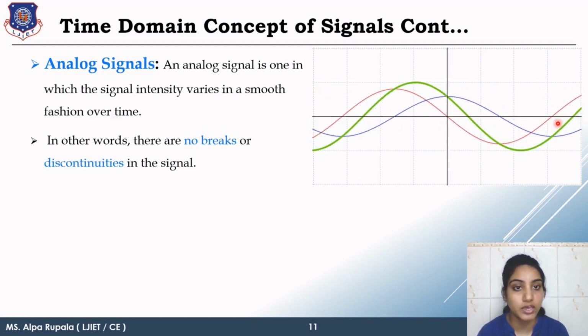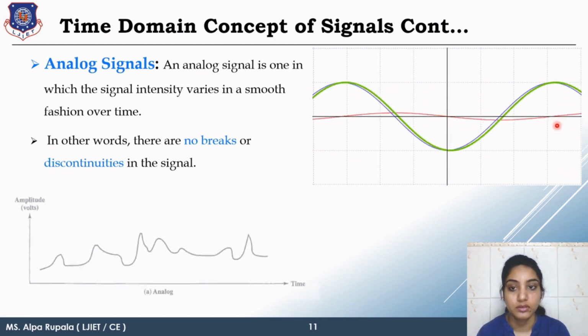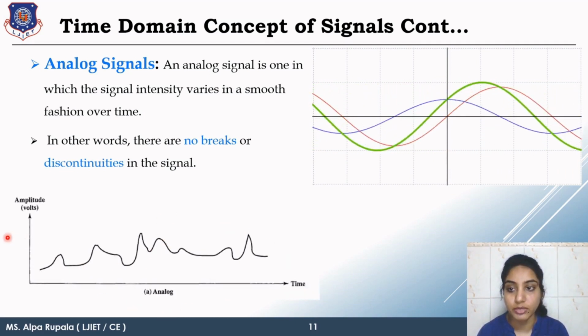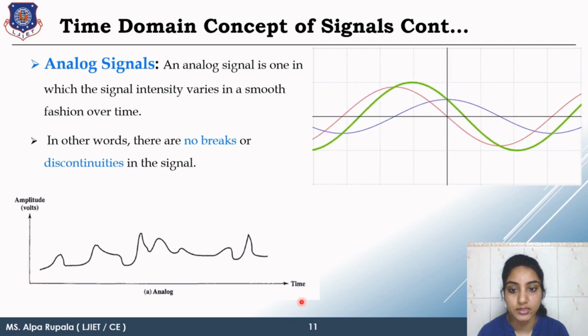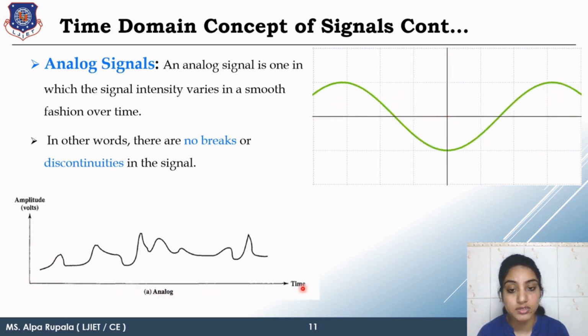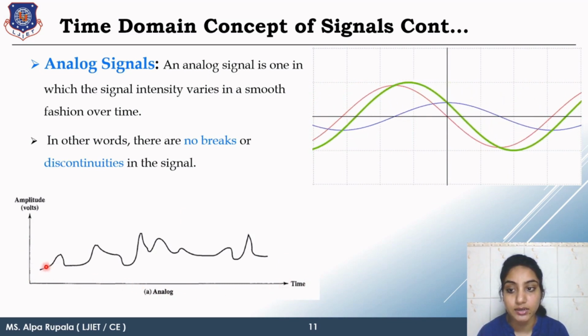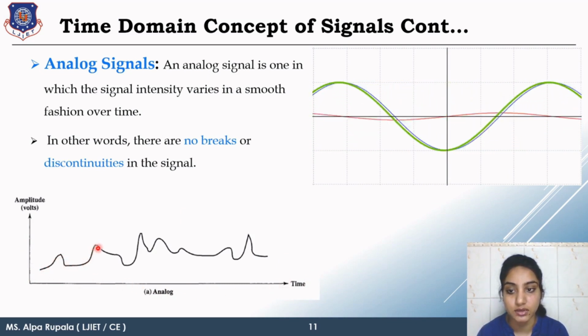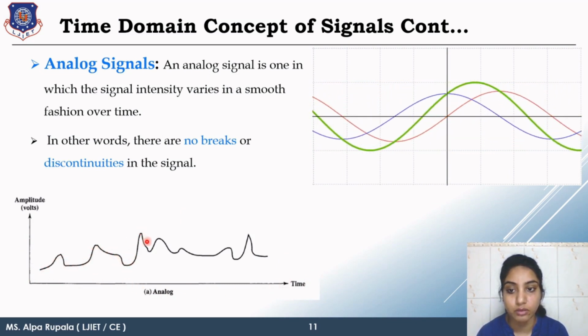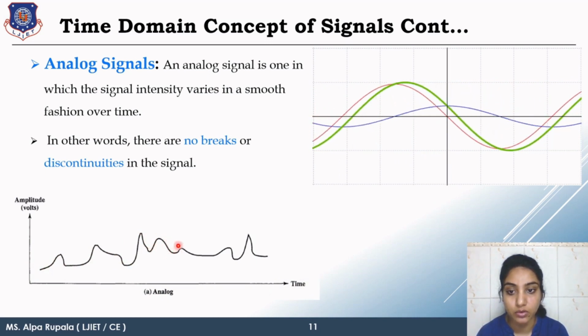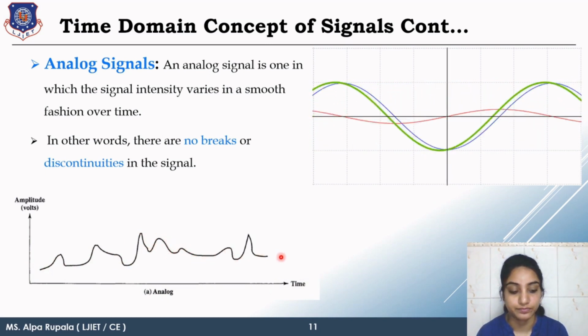We do not have any break in the signal. Diagrammatically we can represent it like this, using the time domain concept. Here is the time parameter in which we are calculating the strength of the signal, and this is the form of the signal, known as the analog one.